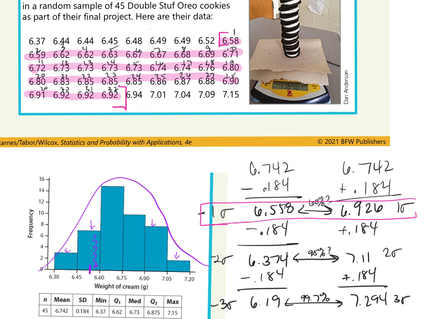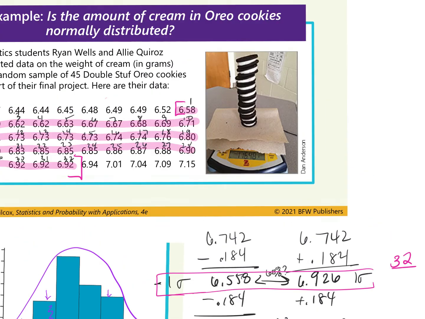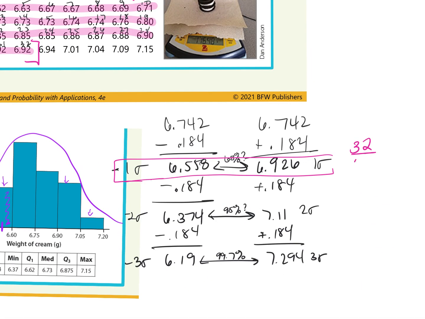So within 1 standard deviation of the mean, we have 32 out of the 45 double-stuffed Oreos, which is 71.11%. That's not that far off from our 68.3%. Okay, maybe. Let's look at the rest of them.